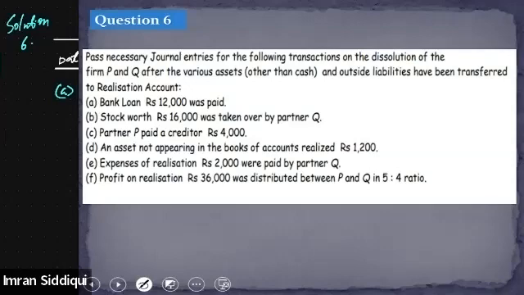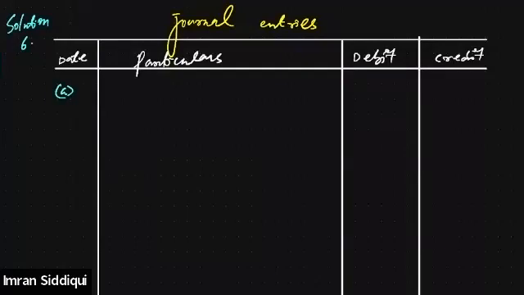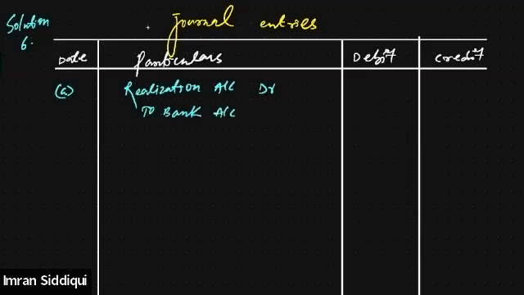Yes, sir. And because it is shown on the debit side, what will be the journal entry for this? This will be written as realization account debit to bank account. Is that clear?